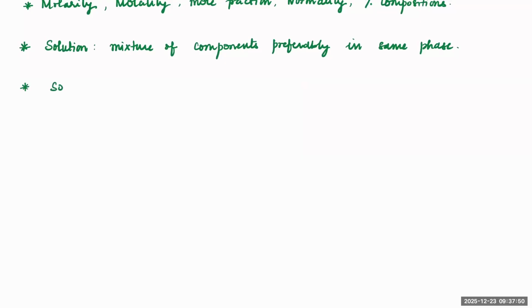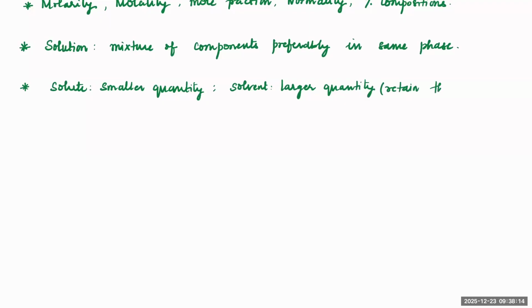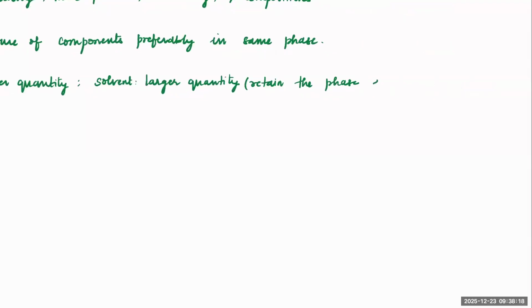So there are two terms that we will be using: solute, which usually is in lesser quantity, and solvent, which is in larger quantity. This will retain the phase in the solution.